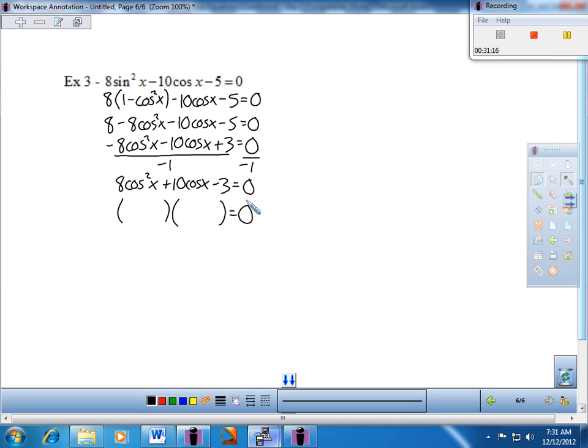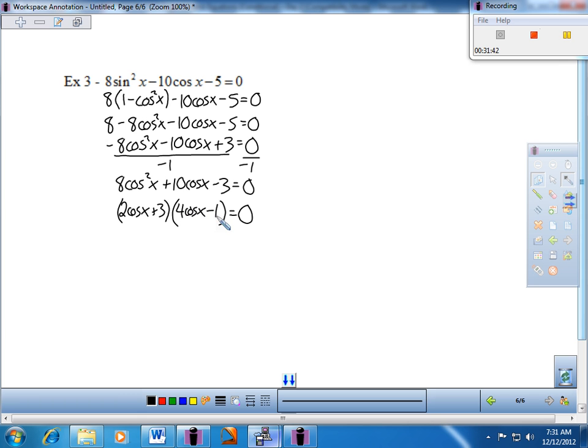All right. Now, it'd be great for you to take a moment, maybe pause the video here, and see if you can come up with our two factors. And so come on back for a second and see how you did. Well, I did this. I got 2 cosine of x plus 3 when I factored this myself, and then 4 cosine of x minus 1.